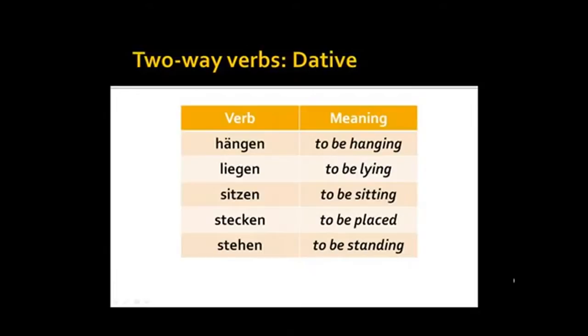So you place it into the drawer, for instance. You put it into your pocket. And stehen is to be standing, sort of. People stand, but also vases stand, statues stand, books, if you don't lay them down, they stand. So anything that sort of stands on its own in a vertical position.